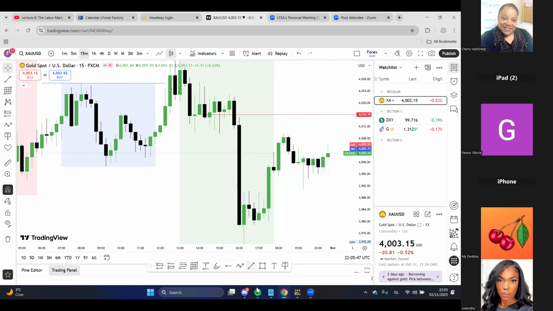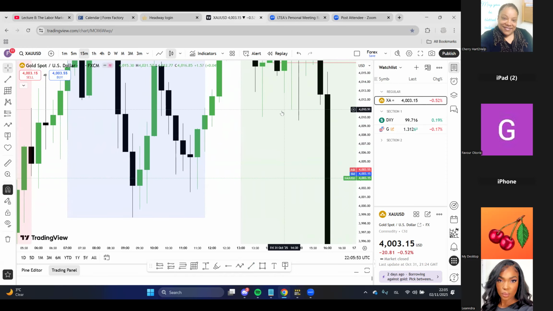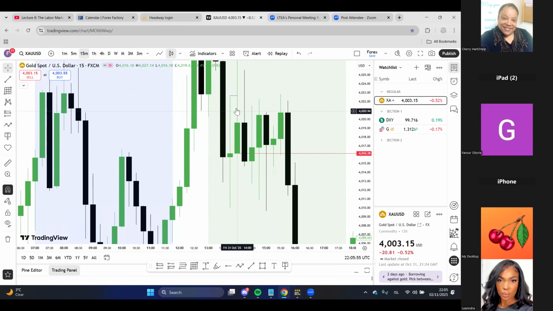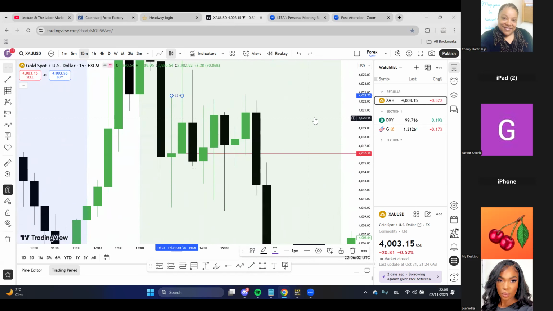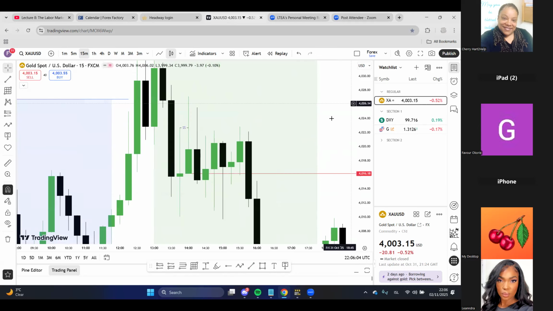And what am I looking for? A sweep of a candle. So this is where the candle opened, we move aggressively to the upside, we sweep the previous 15 minutes candle as a form of liquidity. Whether we broke above it or not doesn't matter.